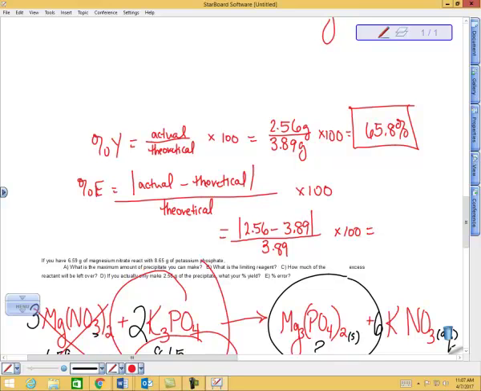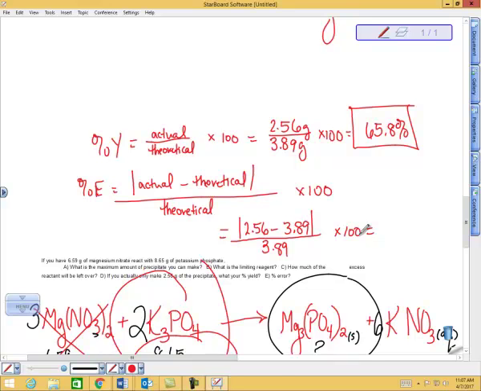Another mistake a lot of people make is they type it all in one step into their calculator. You do realize that the numerator is a quantity that is being divided by 3.89. So don't just type it all in one step. You should probably use parentheses around your numerator.